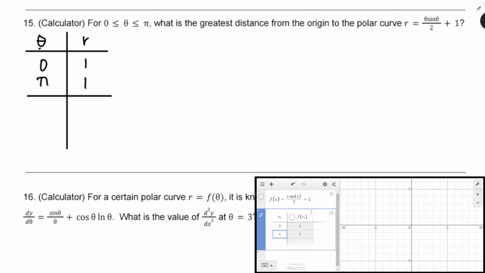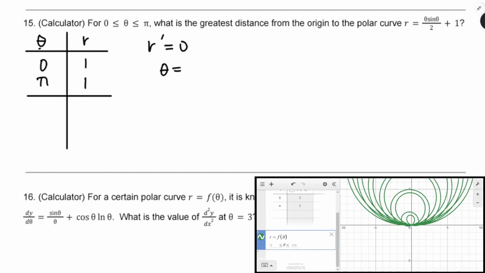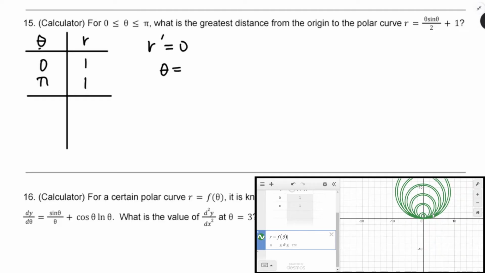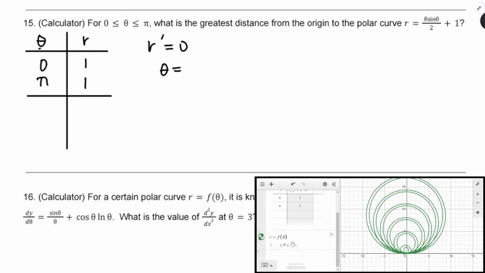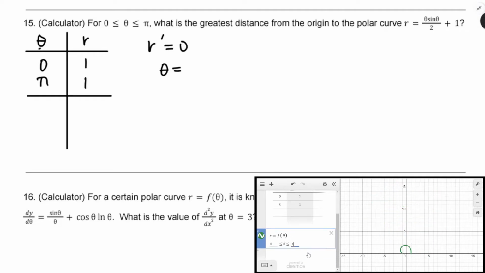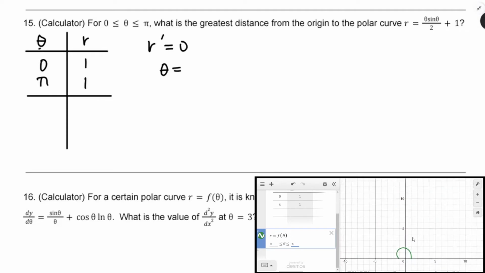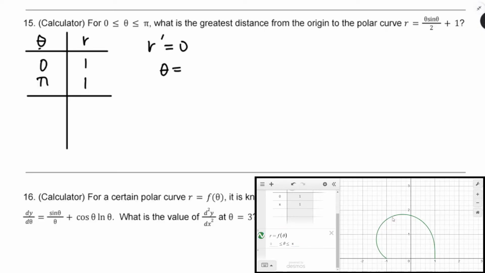Okay, and then we're going to need to figure out where r prime is equal to 0. That's going to give me some, I don't know how many, theta values. Maybe I'll just graph r equals f of theta. I'm just curious. 0 to 12 pi, that's pretty cool. Let's say 0 to 1 pi, less cool, but something to investigate another time.